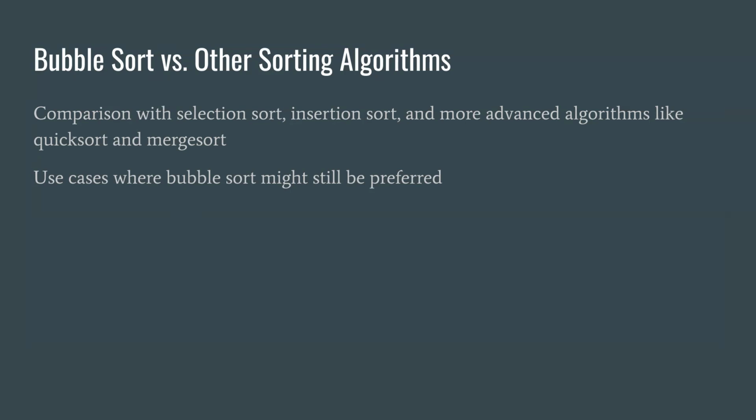Just to give a brief example, selection sort will consistently perform O(n squared) comparisons, no matter what the input looks like. And insertion sort will do really well with nearly sorted data, similar to optimized bubble sort. As we transition to more sophisticated algorithms like quicksort and merge sort, we can see the stark difference.